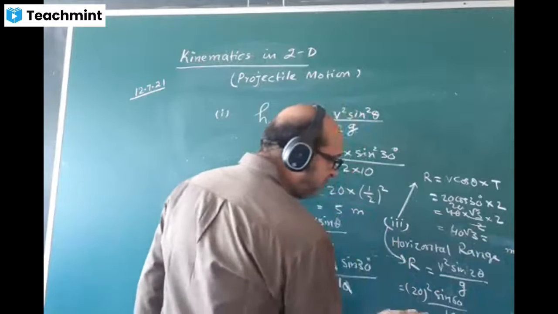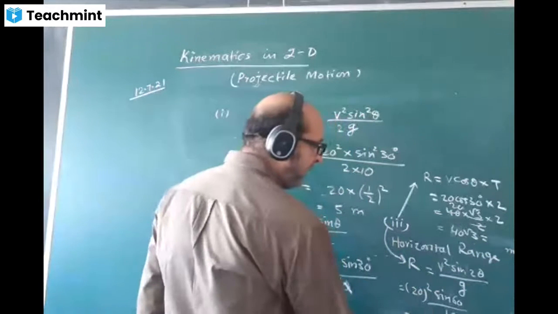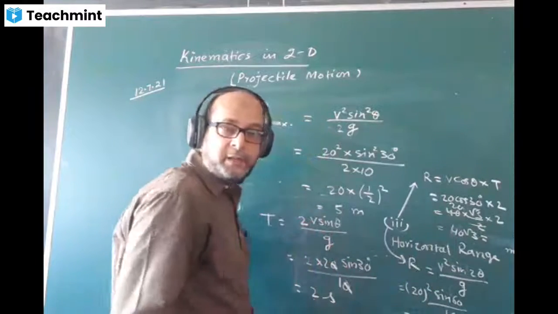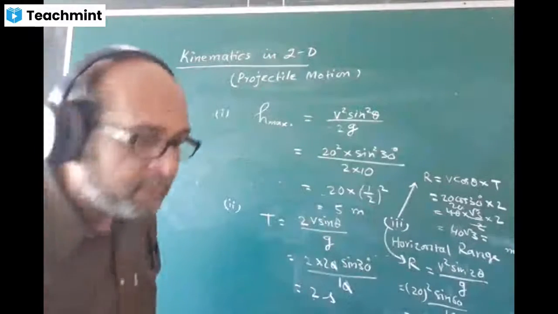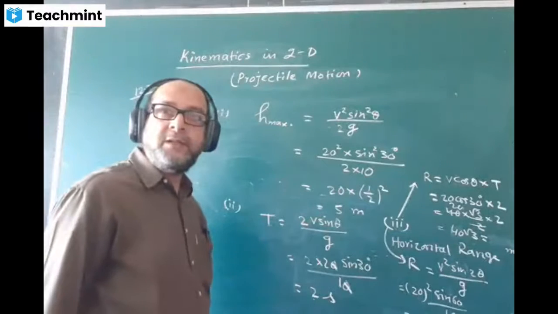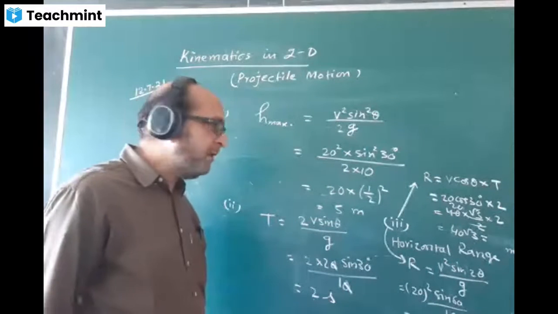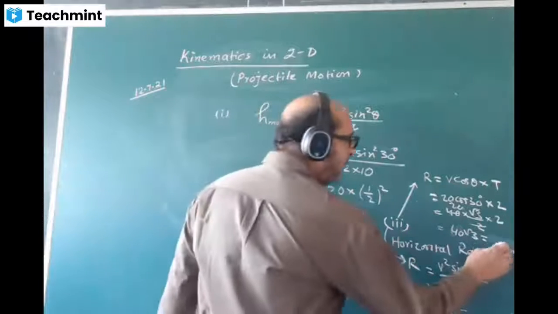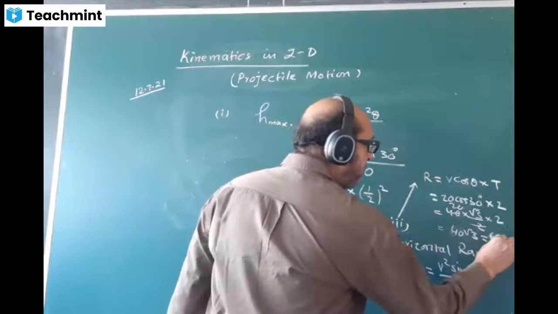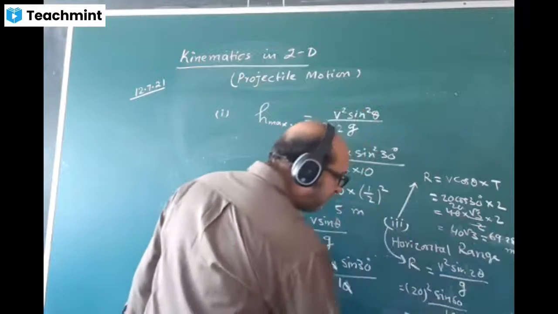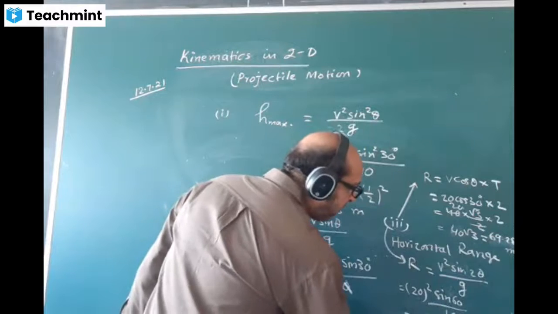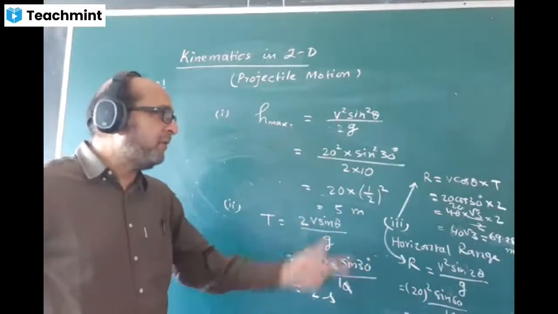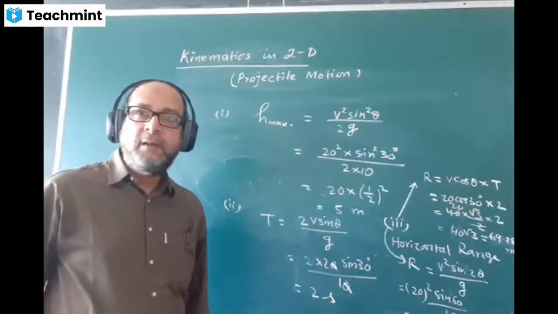I think there was a mistake in it. Both are 40√3, what is the answer? Calculator, please check and let me know. 69.28 meters. Here also the same answer will come in both ways. So you can do either way, finding the horizontal length.